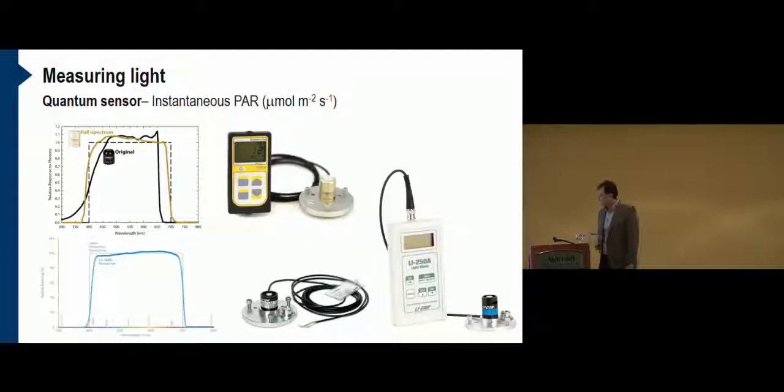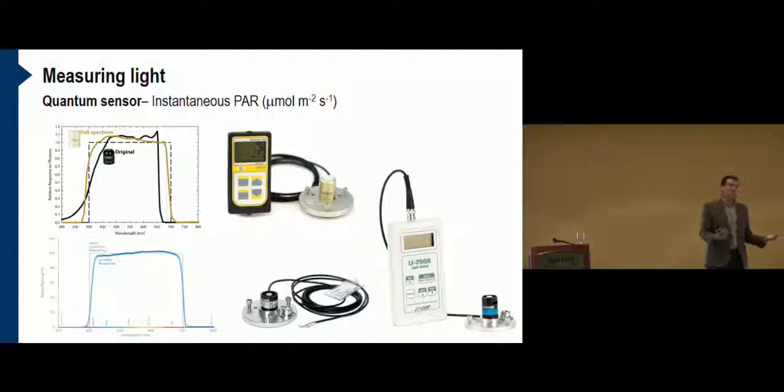So what sensors can you use to measure photosynthetic active radiation? Quantum sensors are used to measure photosynthetic active radiation in the 400 to 700 nanometer range. If you're measuring light under sunlight or traditional supplemental light sources such as high pressure sodium lights, then the quantum sensors mostly available in the market will give you an accurate reading.